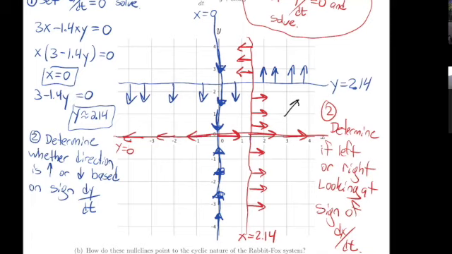Then in this region over here, all of these vectors are pointing up, but now they're pointing to the left, so they tend to go that way. These nullclines divide regions where all of the vectors have the same general direction, since the only time a vector can change directions completely is if it passes through a point where it's 0.